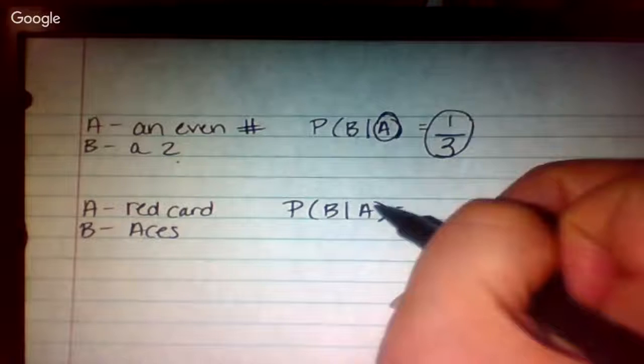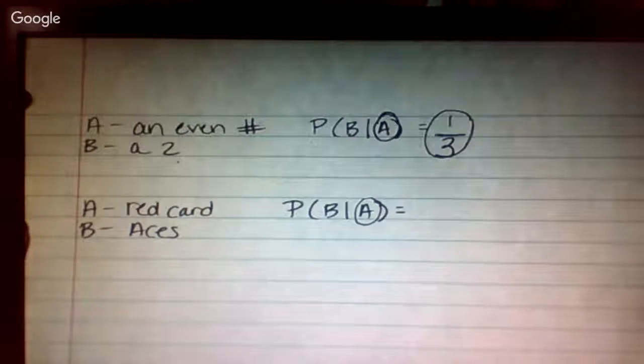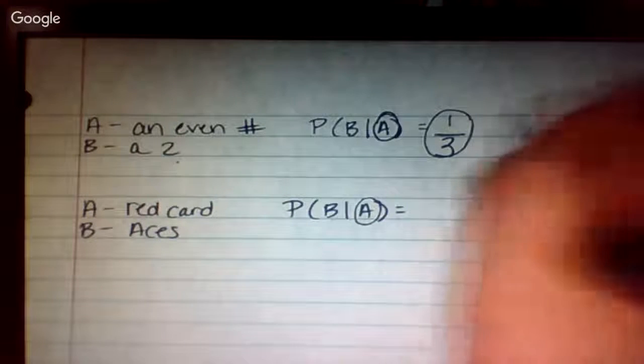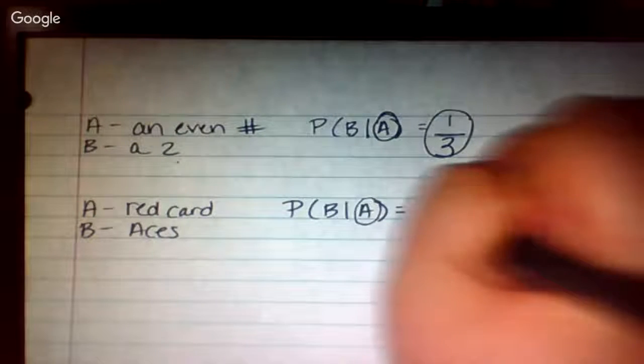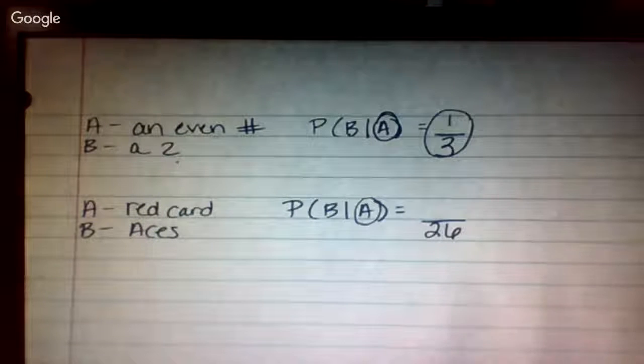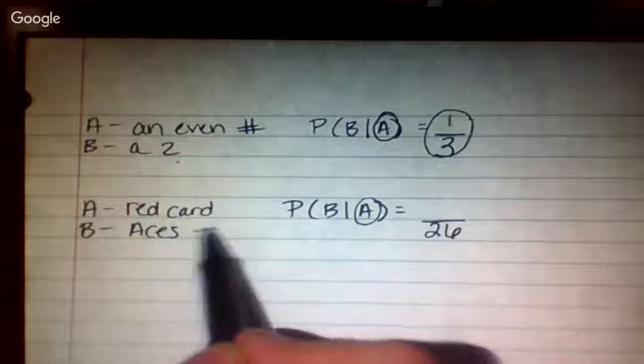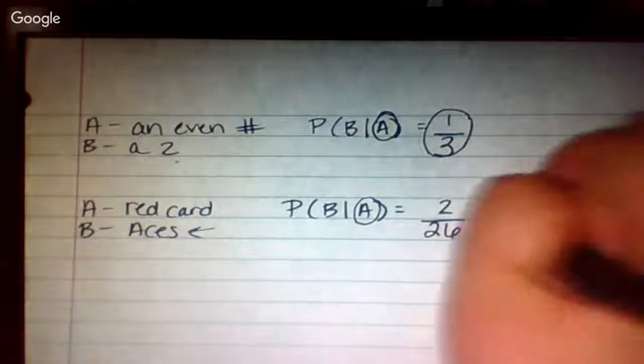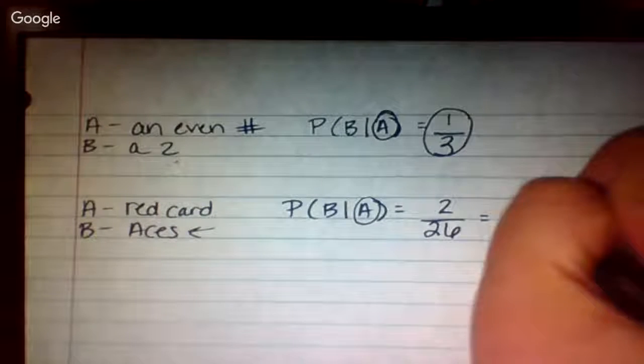So again, you always want to take this second one into consideration first. So that scenario is I have a red card. How many possible ways do I have a red card? 26. So that goes in the bottom. Of the red cards, how many of them are aces? 2 out of 26, which reduces down to 1/13.